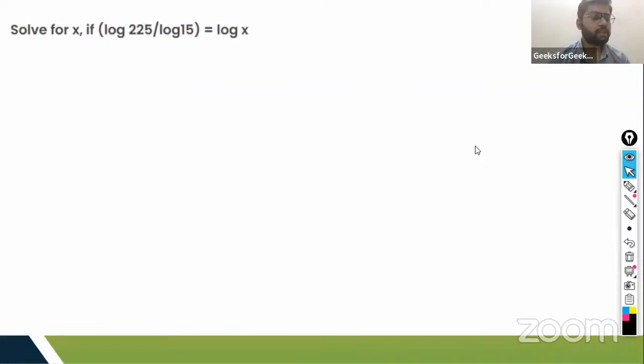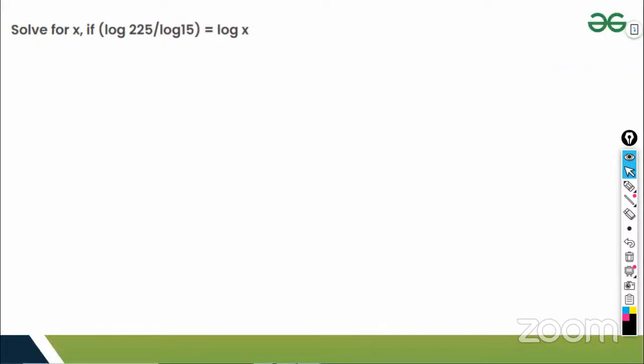Next, two to three more questions on the logarithm, then we will jump to the exponential. See this part. So log 225 divided by log 15, okay?